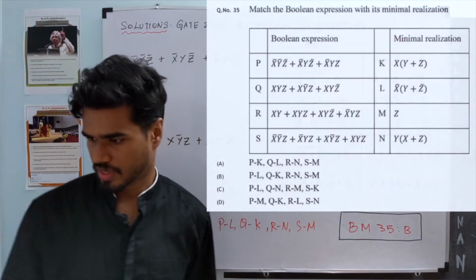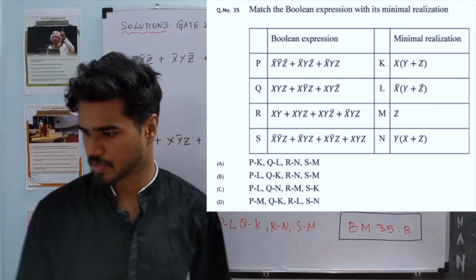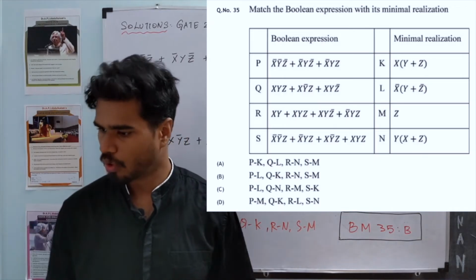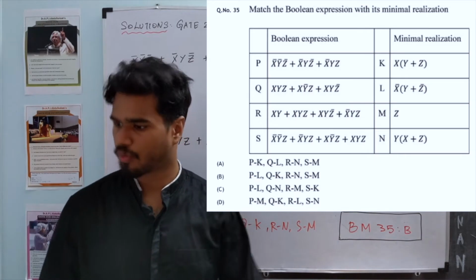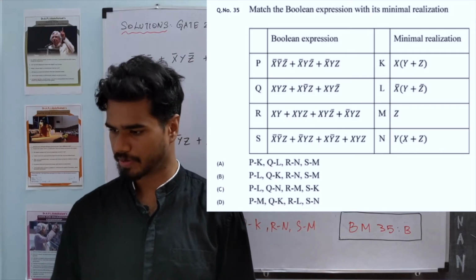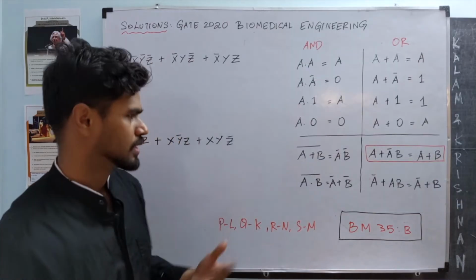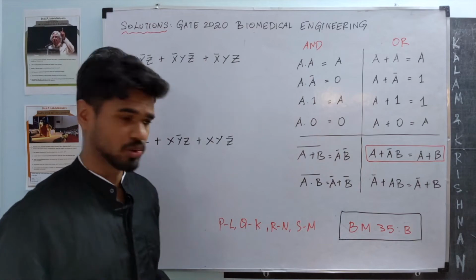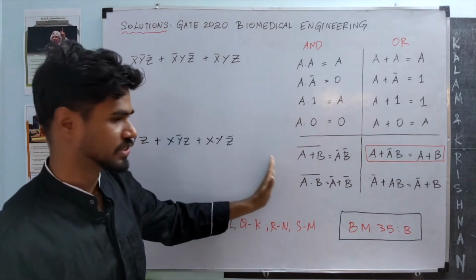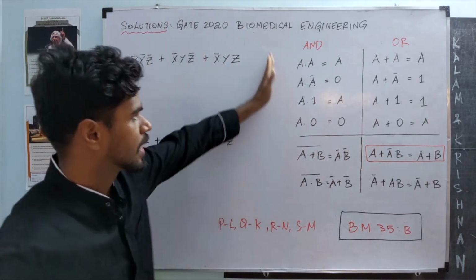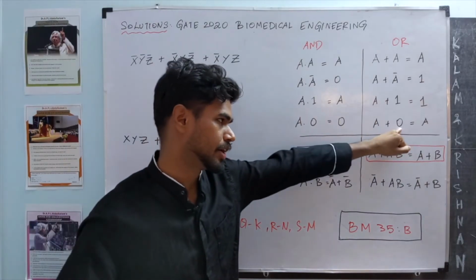35th question. Match the Boolean expression with its minimal realization. Four Boolean expressions are given, four minimal realizations are given. We need to match them. The straightforward way to do this is to use the standard Boolean identities. The AND identities are given here and the OR identities are given here.